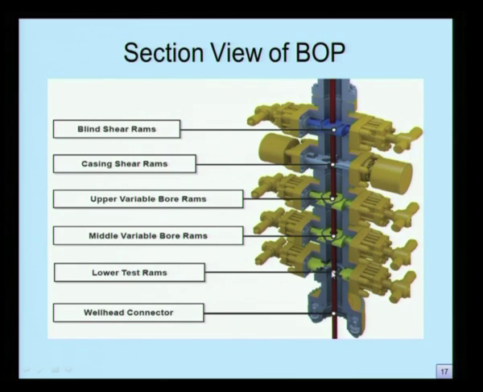The lower test rams are located just above the wellhead connector. Above that are the variable bore rams. Above that are the upper variable bore rams. Above that are the casing shear rams, and above that are the blind shear rams. So, a blowout preventer is actually a vertical stack of different kinds of rams provided one above the other.